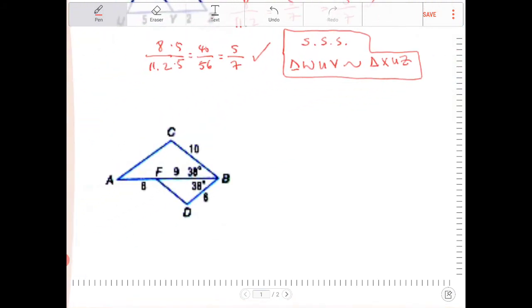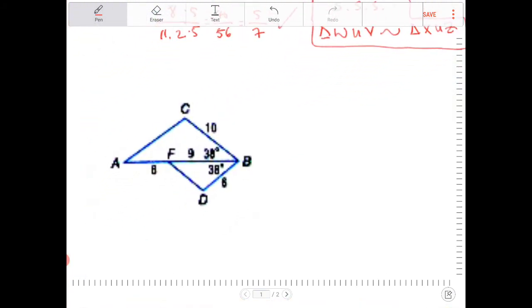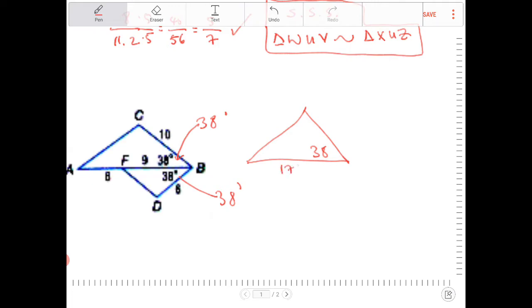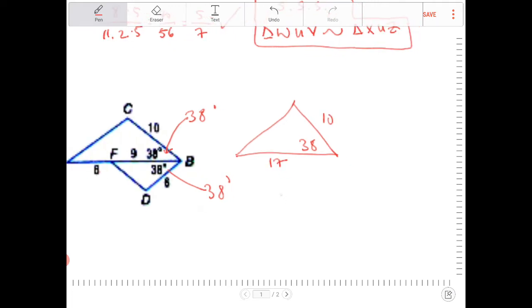Okay, so here in this case, I have 38 and 38, so these angles here are 38 apiece. Again, I apologize for the grainy appearance. So those are 38. I have a large triangle. I'm just going to break this up. This is 17 and 10. And then I have a smaller triangle.